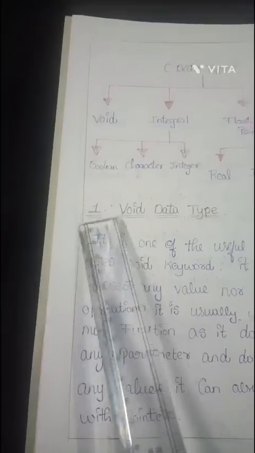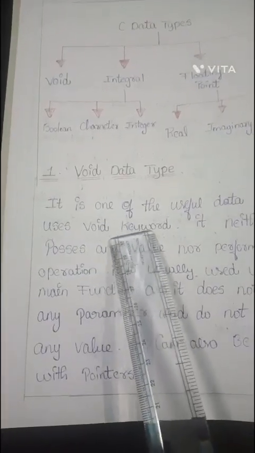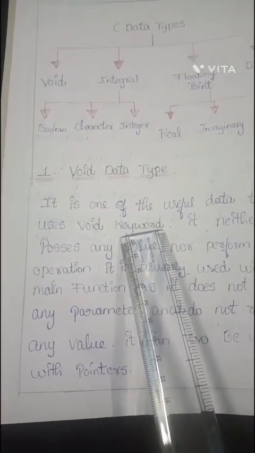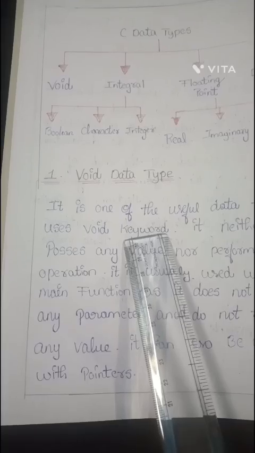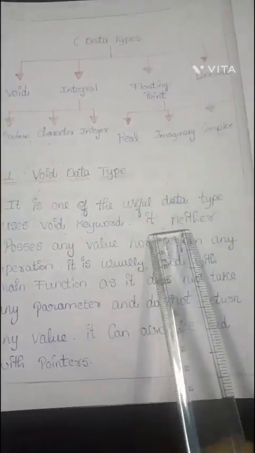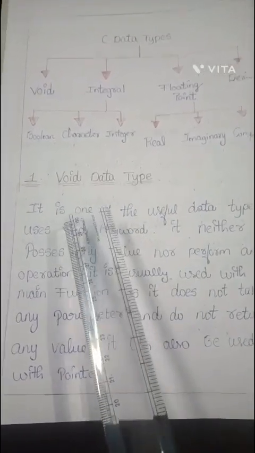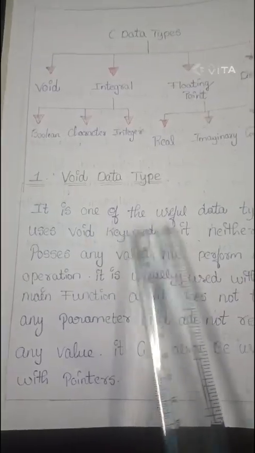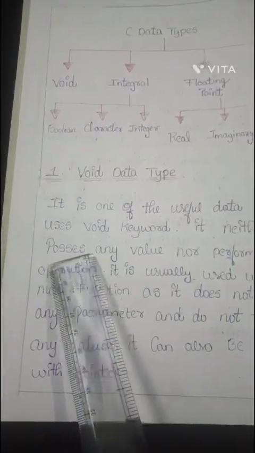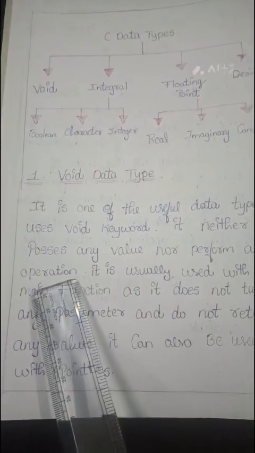First we see void. What is the void data type? It is one of the useful data types and uses the void keyword. If we have no value in the program, we use the void data type. It neither possesses any value nor performs any operation.